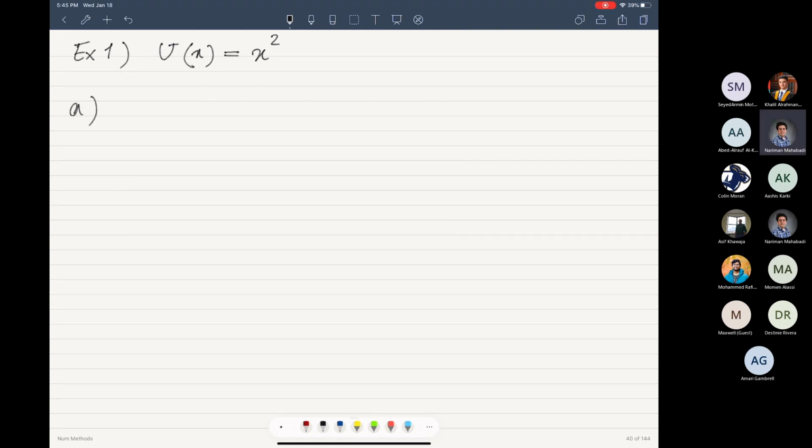And this is my question: by using the first order forward FDM, give me the approximation for the first derivative of u at x equals 3. Wait a few minutes, and once you have the result, just let me know.